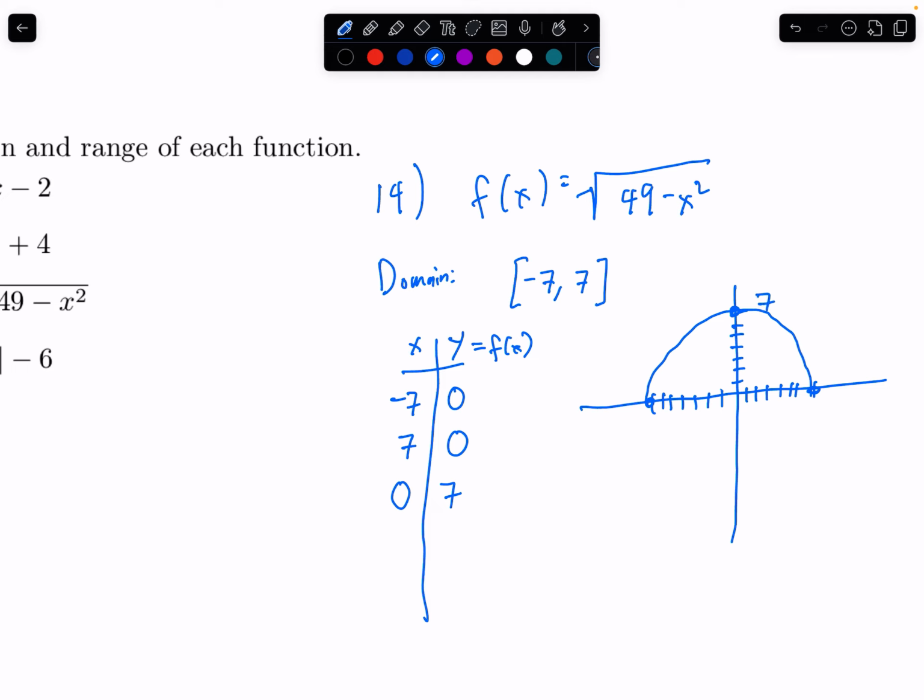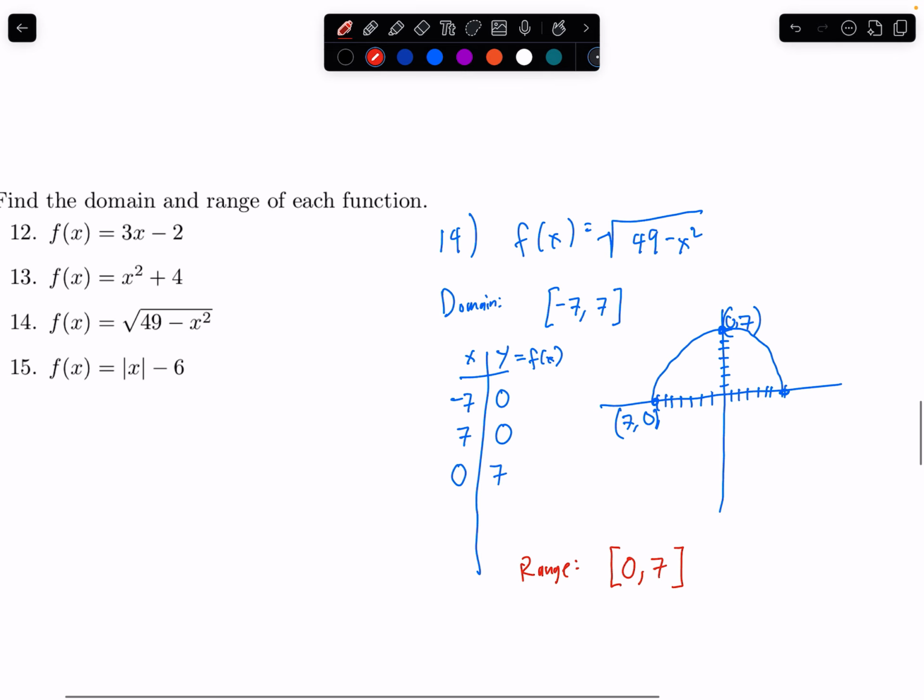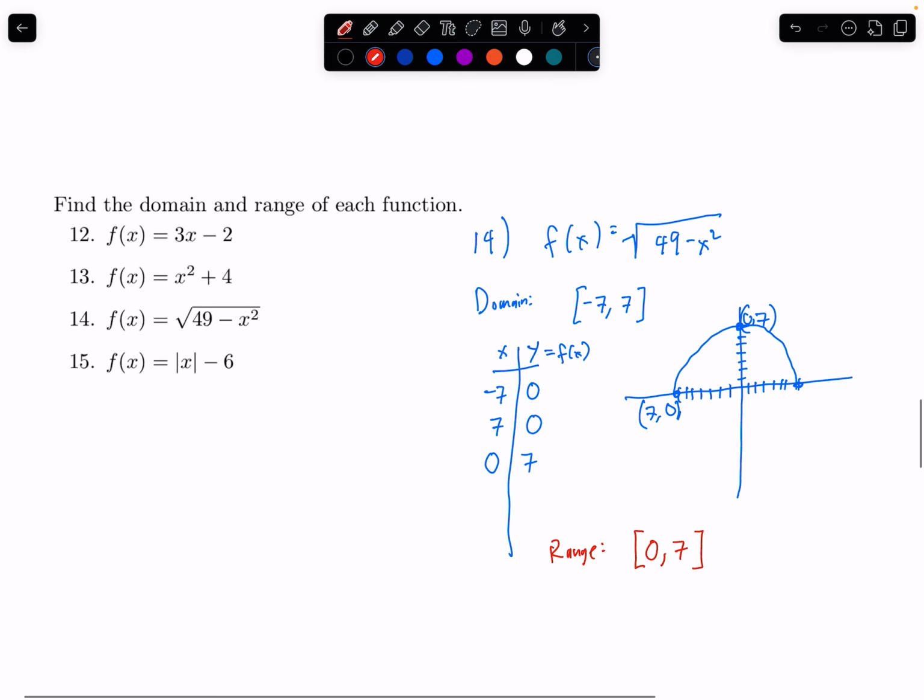Here, the biggest value of y is 7 and the smallest value is 0. So the range is going to be, well, you can hit 0, it's possible. You can hit 7, it's possible. And everything in between; you can't go higher or lower than that. Sweet. Okay.